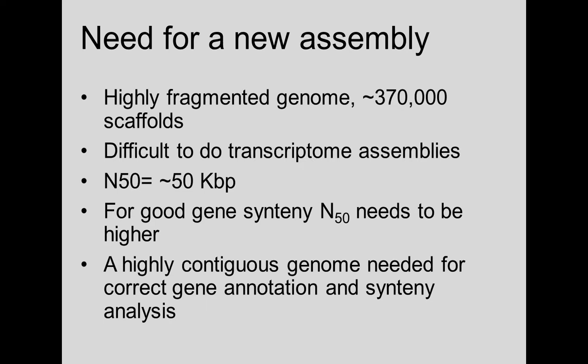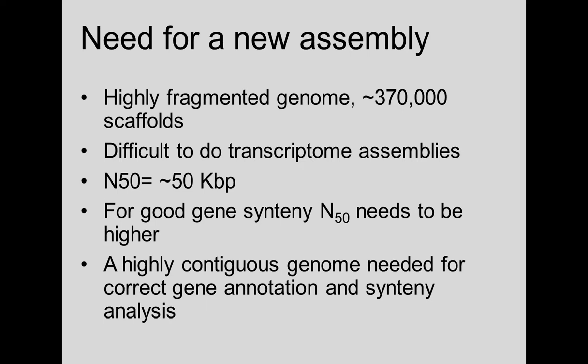This highly fragmented assembly makes it really difficult to do any transcriptome assemblies. Most of the transcriptome assemblies that have been done on ticks, on any of the Ixodes species, have been de novo assemblies because the existing genome is too fragmented to confidently align these transcripts to the genome.